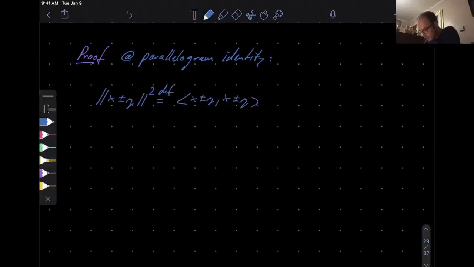And now you just play around with the properties of the inner product. So you use the distributive law. First, you get the inner product of x with x plus minus y. Let's do one time all the details. Plus the inner product of plus minus y with x plus minus y. Okay, then you use it again.